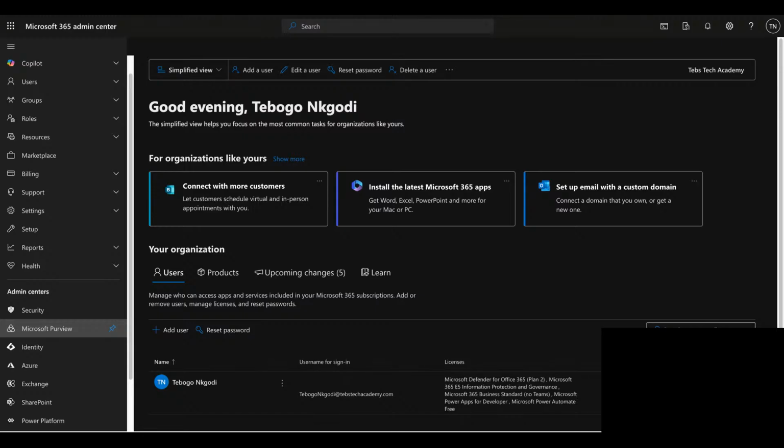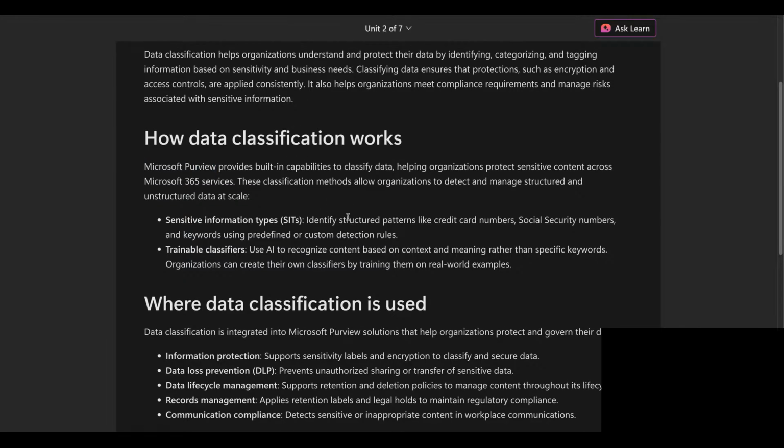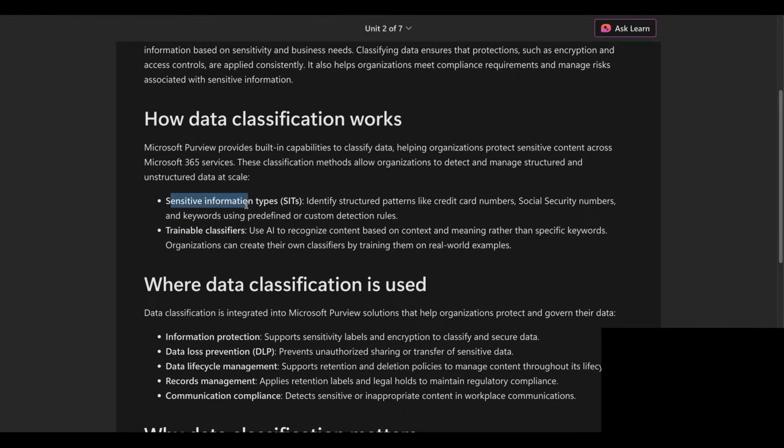Okay, and then I'm going to go to Microsoft Purview. Okay, let me share this tab again. So I'm going to focus on these tools today.